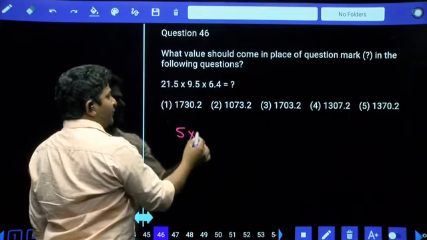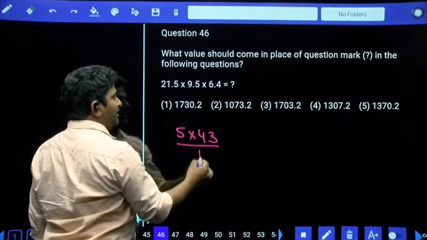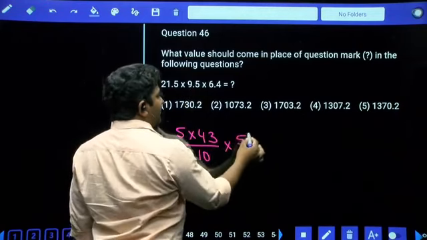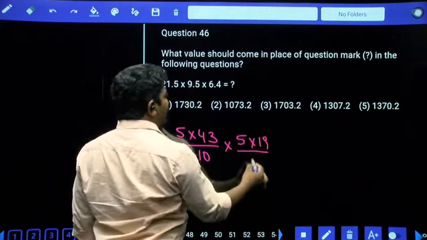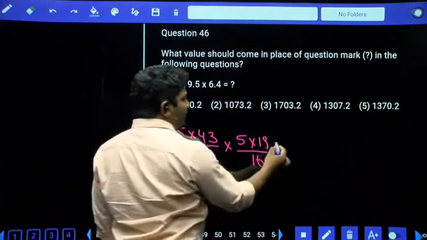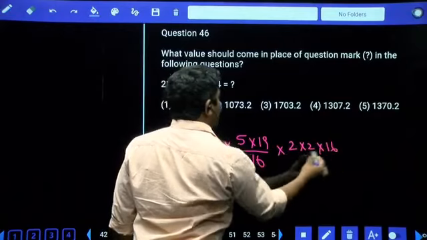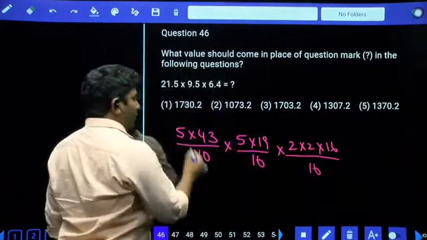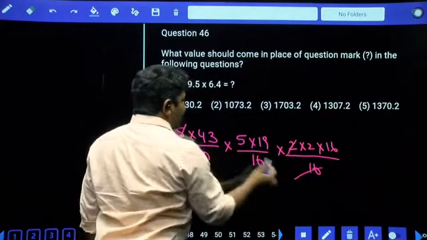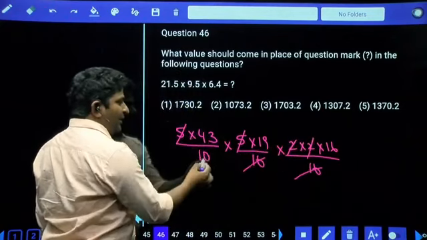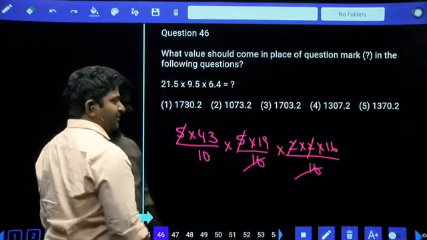So 5, 43 times divided by 10. 95 by 10, write it as 5 into 19 divided by 10. 64 by 10, write it as 2 into 16 divided by 10. 5 into 2, 10 cancel. 5 into 2, 10 cancel. So finally we have only denominator 10 value, keep it as it is.